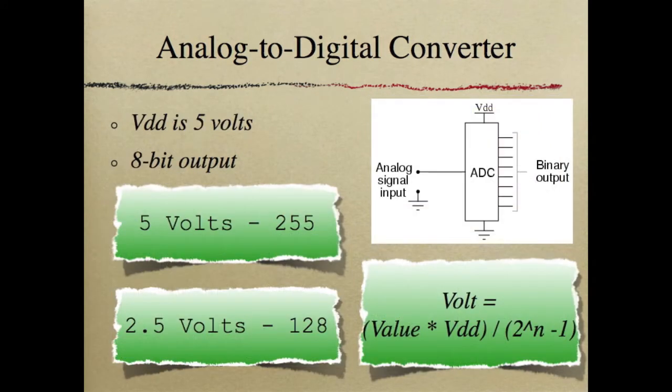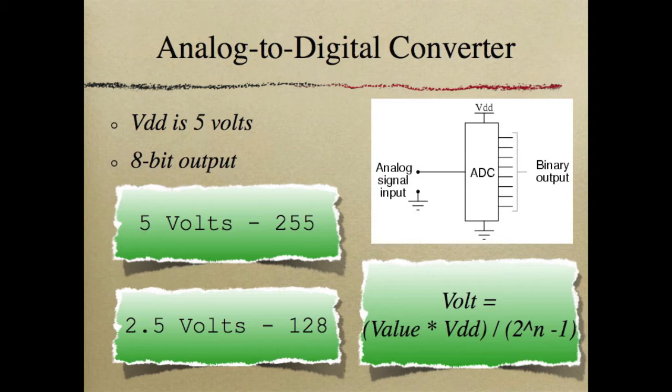For example, if our reference signal is like 5 volts, our binary is 8-bit, that means the highest value for our binary number is 255, right? So if we have 5 volts, we would observe 255 in our digital converter.